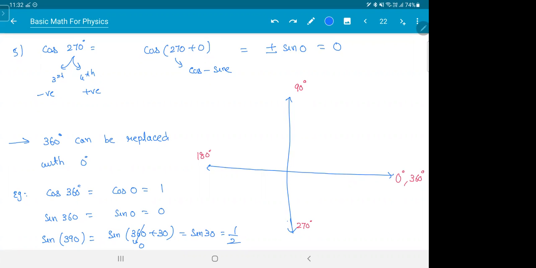So if the angle exceeds 360, this is how you do. Remove 360s. Let me show you a few problems on that also.